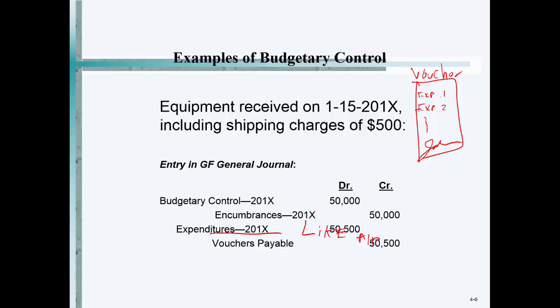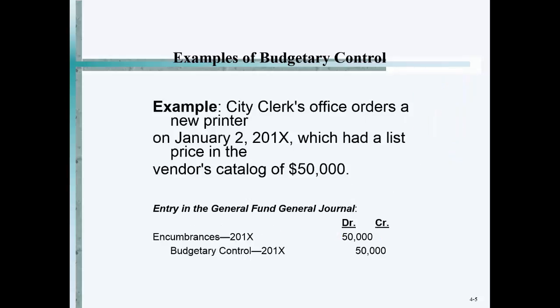So to guard against that, we use what we call an encumbrance system. Okay, and with the encumbrance system right here, when we order goods, we'll debit encumbrance, we'll credit budgetary control. That debit to encumbrance is going to sit as a placeholder against my actual expenditures when they come in, right?